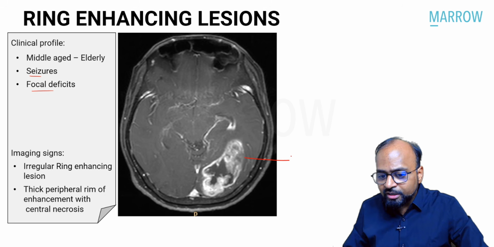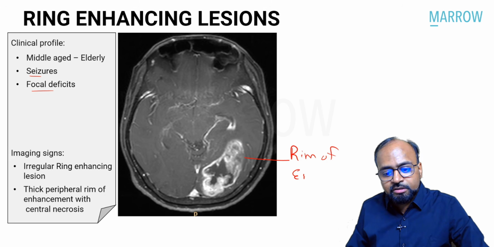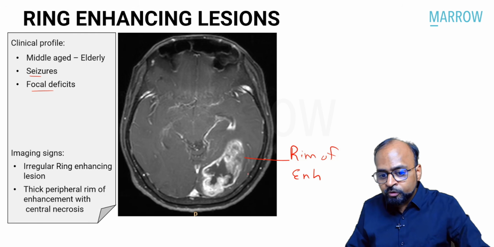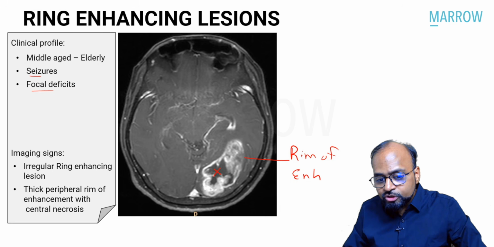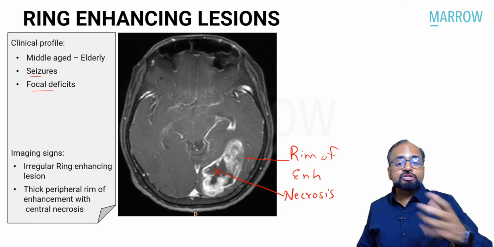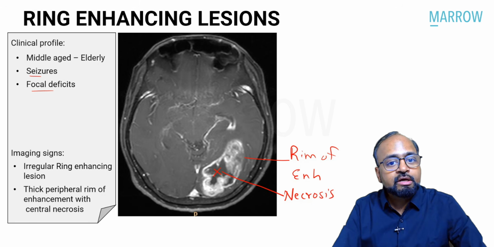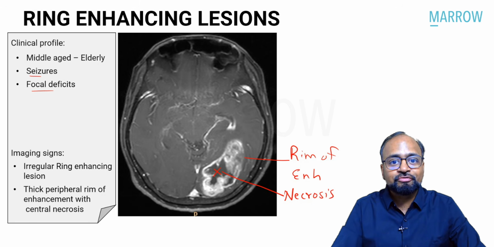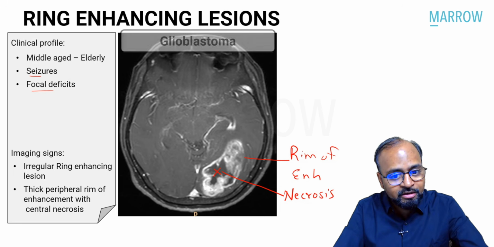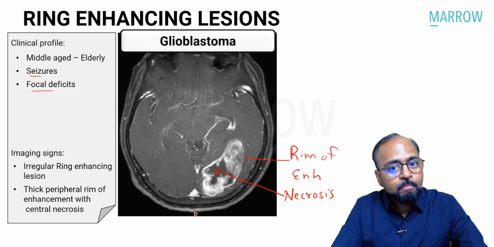You see a thick rim of enhancement around it as if this is the thick rind or rim of tumor with a central area which is not enhancing. Why? Because there is necrosis at the central portion. Which tumor within the brain has the hallmark of central area of necrosis? It is a very high grade tumor or a high grade glioma. This is what is called as glioblastoma.